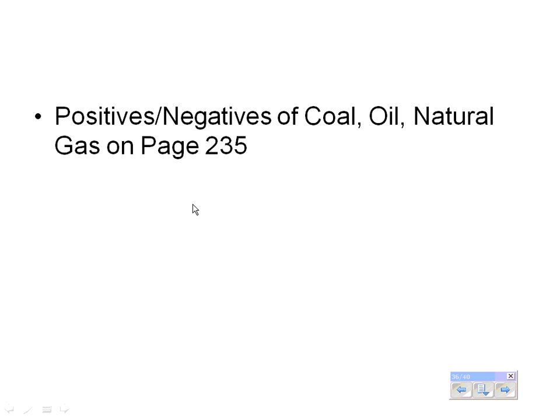Okay, cogeneration. Number 3. Cogeneration is using one fuel source for multiple uses. So for example, if my fuel input here is coal, I'm going to burn coal.